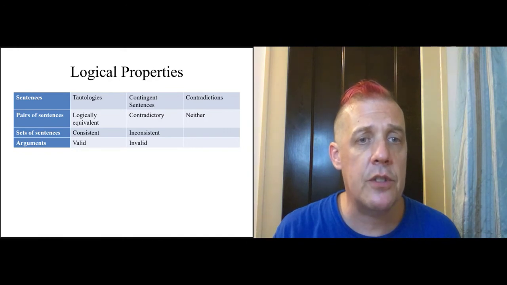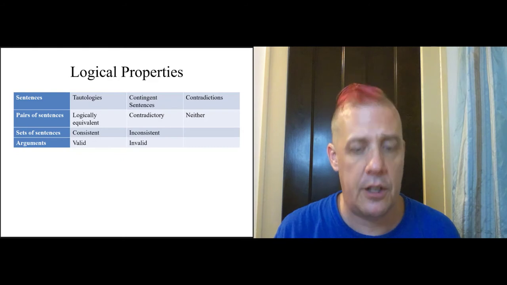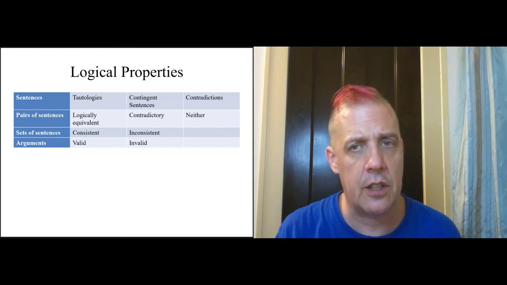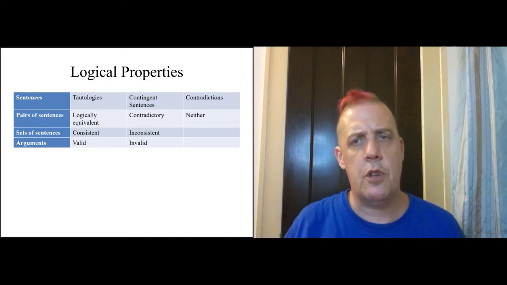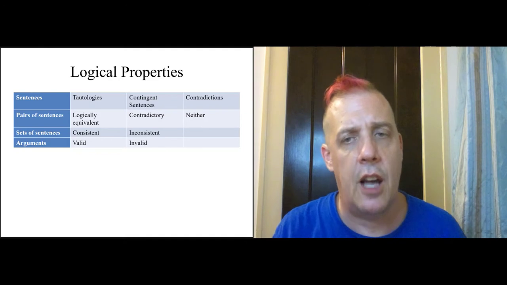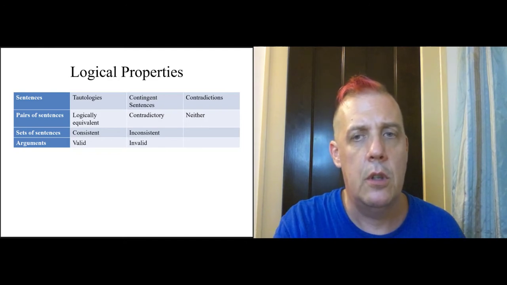Pairs of statements are going to be logically equivalent, contradictory, or neither, and sets of statements are going to be consistent or inconsistent. Let's just run through these. That was a lot of new terminology. I'm going to run through these one at a time and you'll get a handle on them.